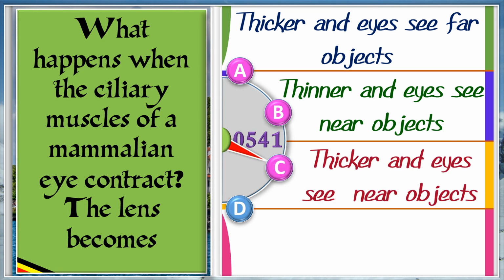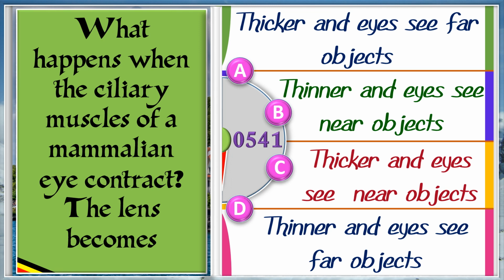C. Thicker and the eyes see near objects. D. Thinner and the eye sees far objects. And the answer is C. Thicker and the eyes see near objects.